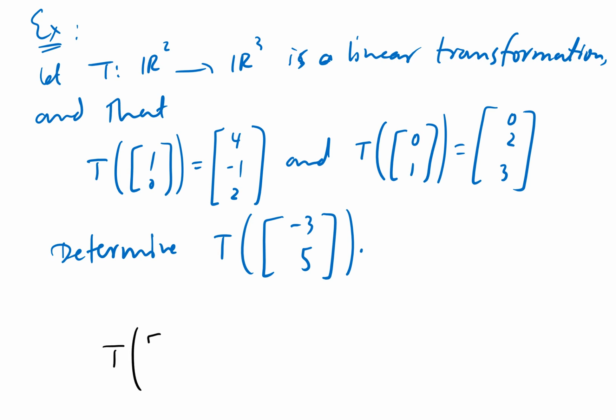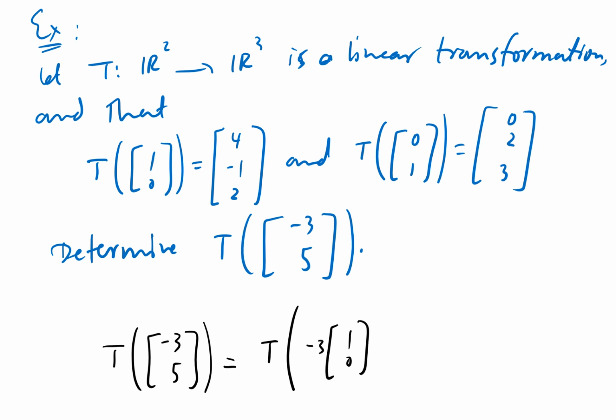So T(-3, 5). Look what I'm going to do with this. I'm going to write it in terms of (1, 0) and (0, 1). So it's -3(1, 0) plus 5(0, 1).